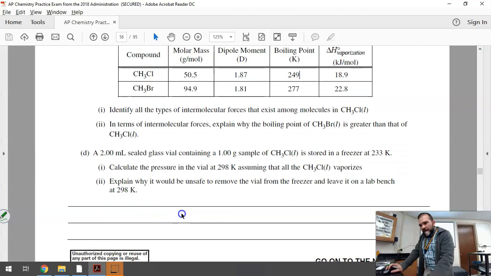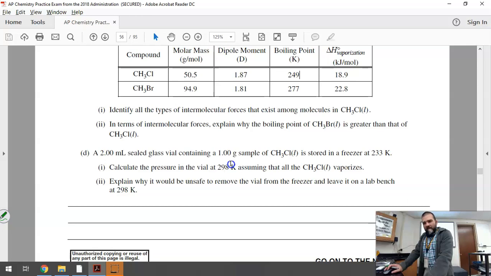Where are we now? We're on D. Oh, we're on the last two questions. How fun. 2D. A 2 milliliter sealed glass vial containing 1 gram of CH3Cl is stored in a freezer at 233. Calculate the pressure in the vial at 298, assuming that all of the CH3Cl vaporizes.